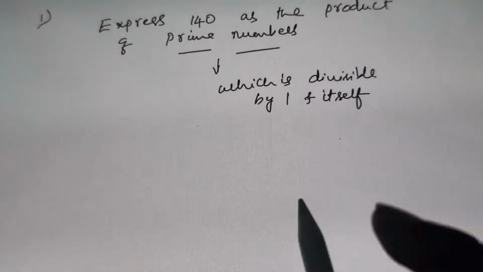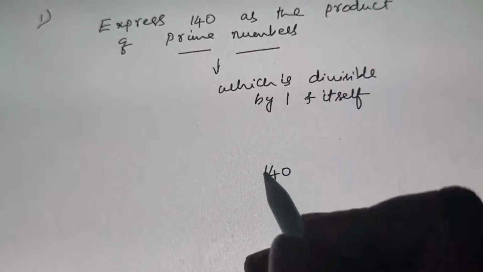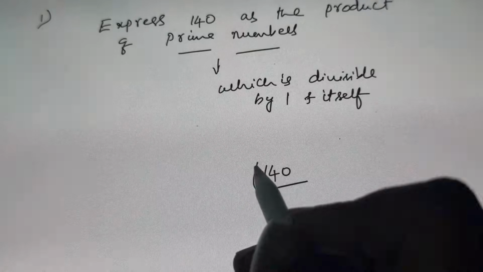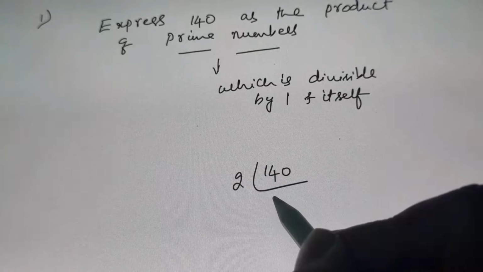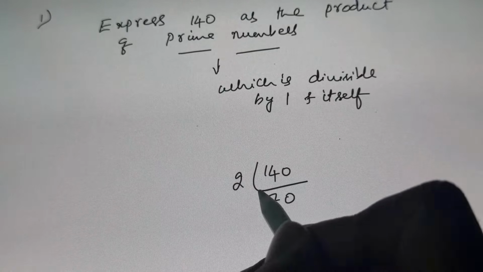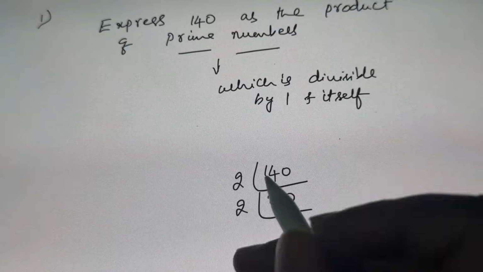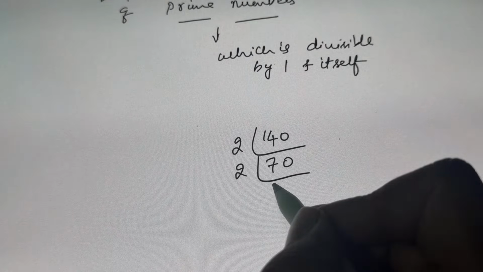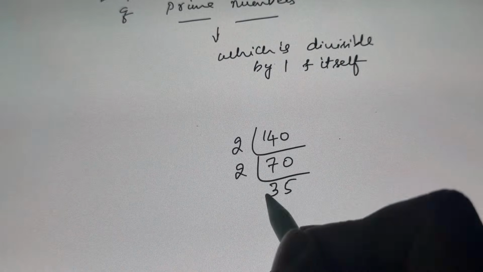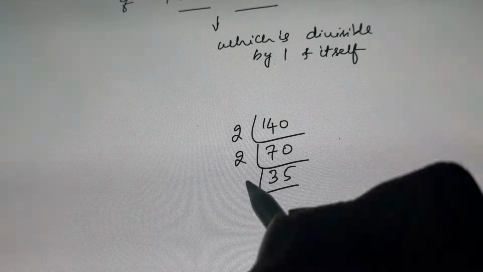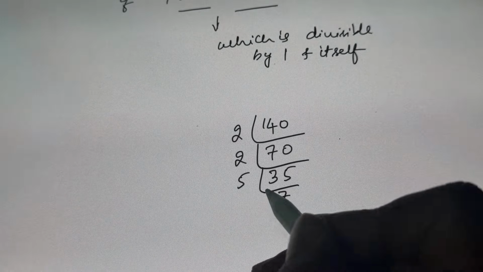Take 140 and start dividing with the given prime numbers. Let us divide by 2. 2 ones are 2, 2 sevens are 14. That is, you have 70. Now divide by 2 again. 2 threes are 6, 1 carry, 2 fives are 10. Next divide by 5, 5 ones are 5, 5 sevens are 35.